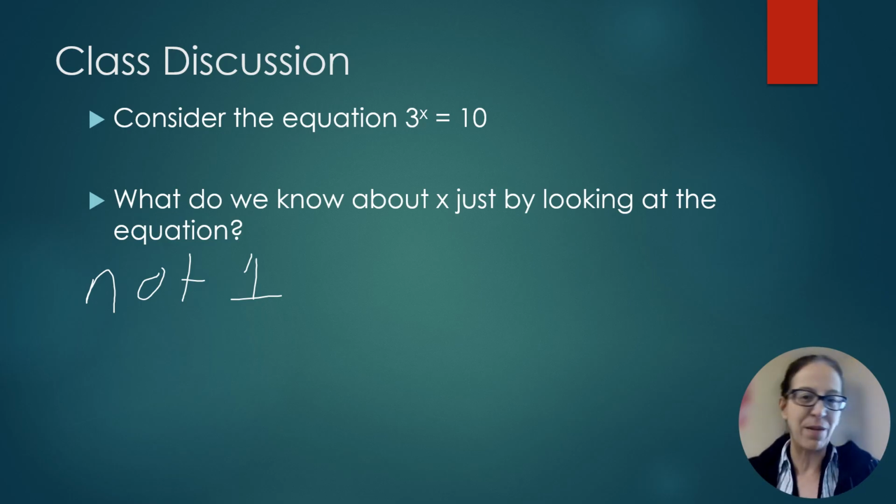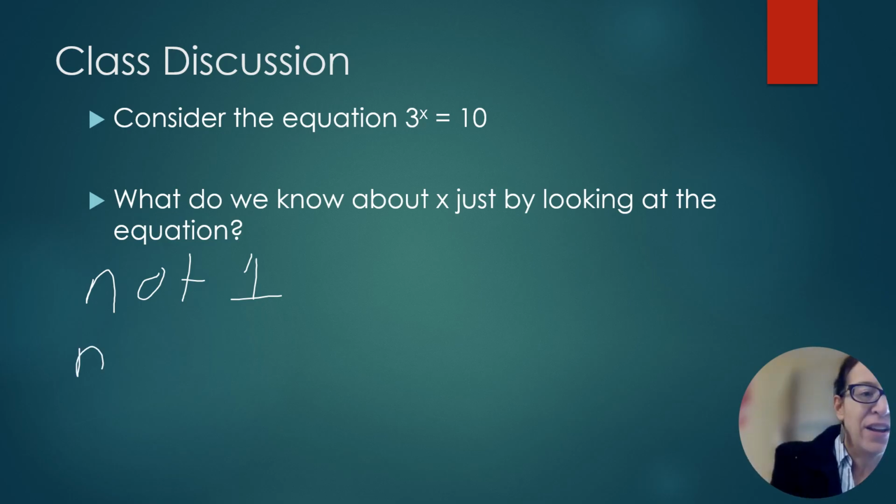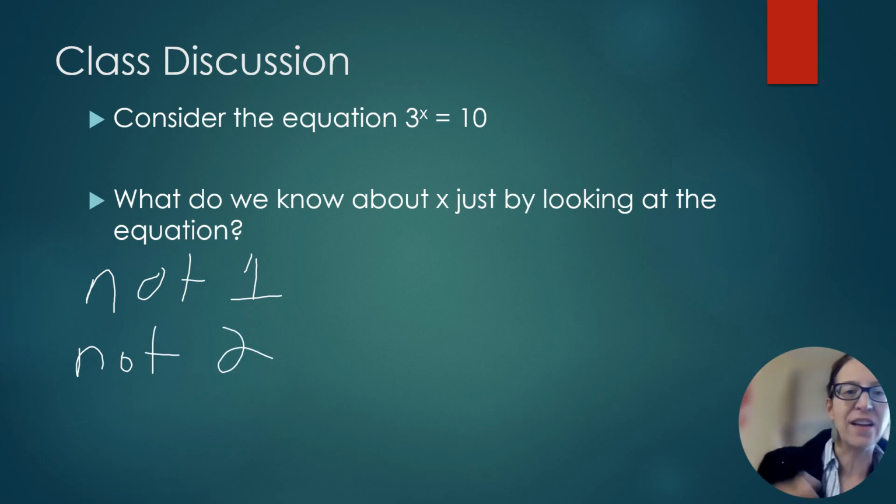And then somebody will piggyback on that. They'll be like, well, I know x is not 2 because 3 to the second power is 9, and 9 is not 10. But when that happens, usually somebody will kind of think, oh, but 9 is close to 10.